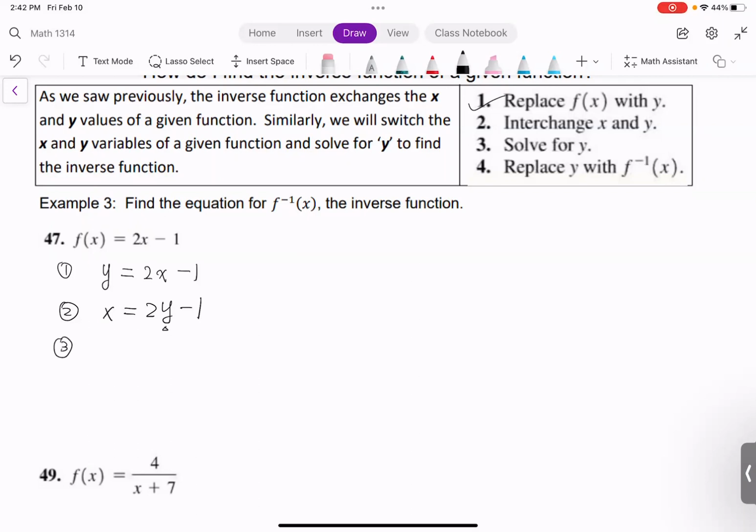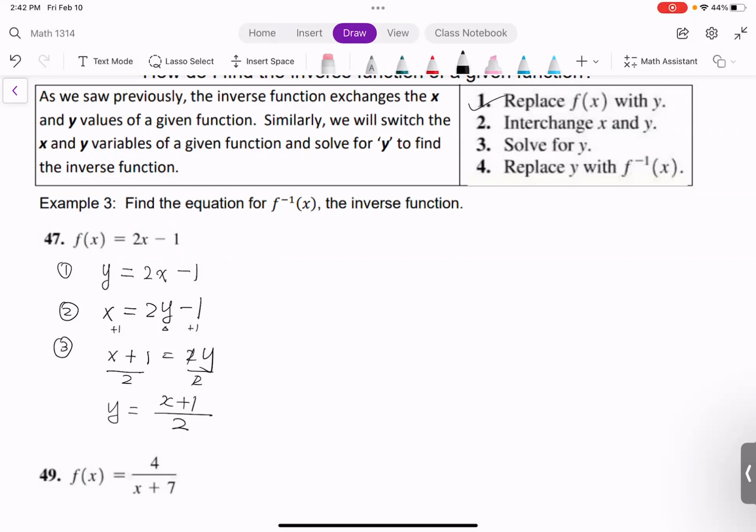I need to isolate the y, so add 1 to both sides. We have x plus 1 equals 2y. And then to isolate the y, divide by 2 on both sides. We have y equals x plus 1 over 2.